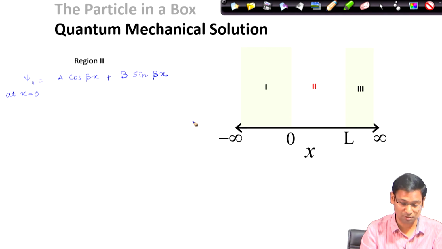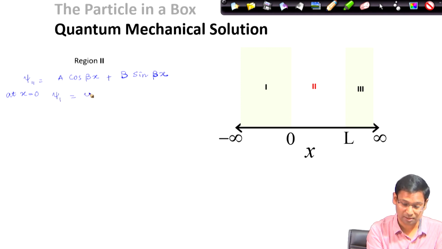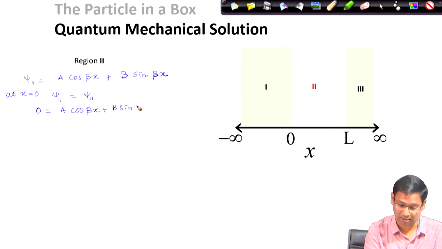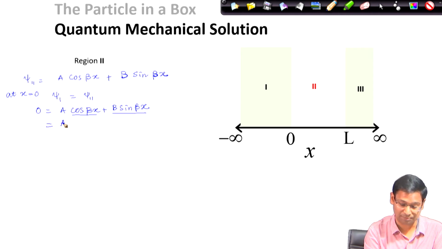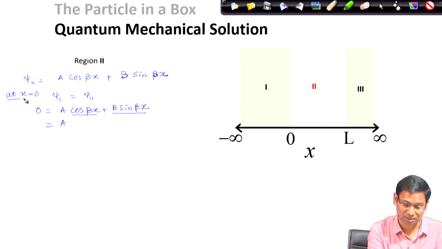So, at x equals 0, psi 1 should be equal to psi 2, but we know psi 1 is 0 throughout. So, this is 0, and psi 2 for x equals 0 is A cos beta x plus B sine beta x. I know that when x is 0, sine function is 0, and cosine function is 1. So, therefore, the right hand side is simply A, but for the boundary condition to make the wave function continuous at x equals 0, I must have A as 0.